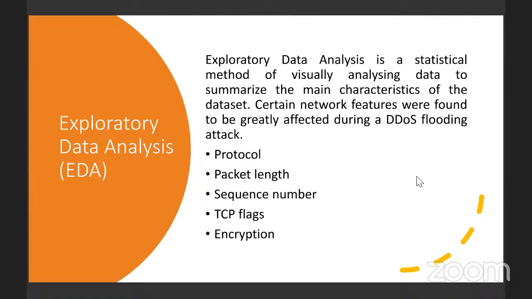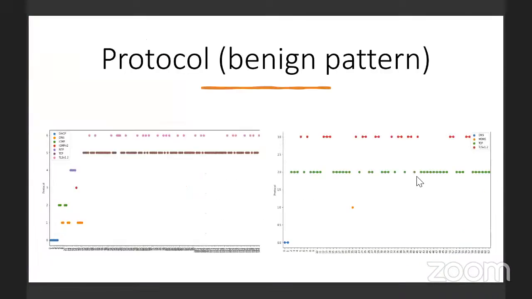So EDA was carried out on these data sets. Certain network features were found to be greatly affected when the DDoS flooding attack comes in. These network features are the protocol, the packet length, the sequence numbers, the TCP flags, and encryption. So these features were focused on and analyzed.